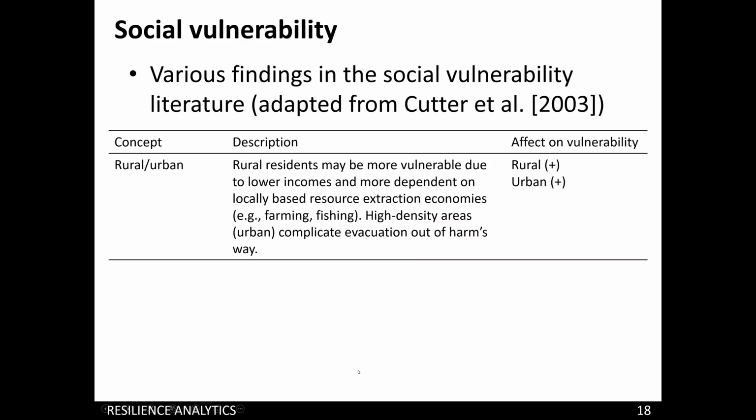Being especially rural, that is far away from resources to cope with the disruption, or being especially urban, where there might be, for example, fewer ways to evacuate out of harm's way for certain types of disruptive events. Either one extreme or the other has an increase on vulnerability.